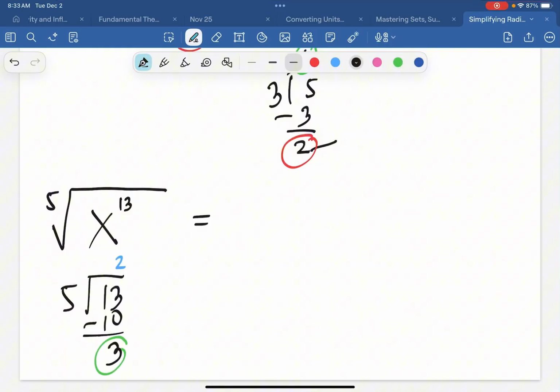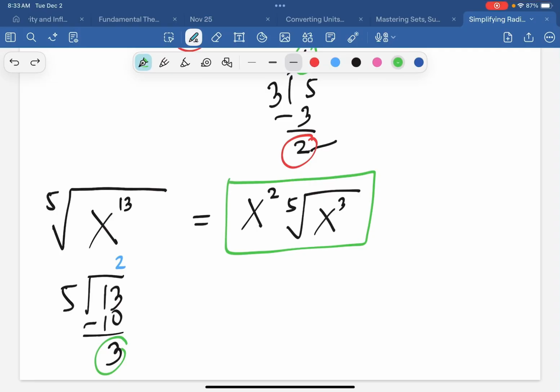So with this, you get x squared because of 2, and then the fifth root of x cubed because of 3. Okay, so that's how you factor or extract roots based solely on variables.